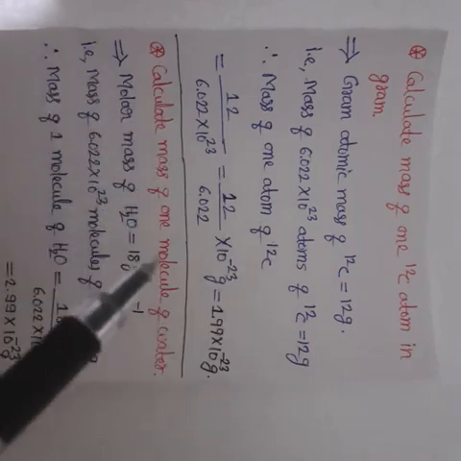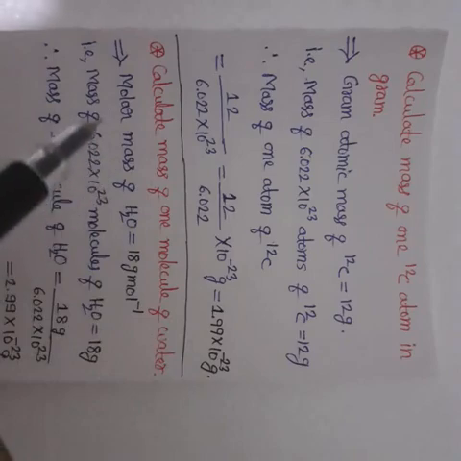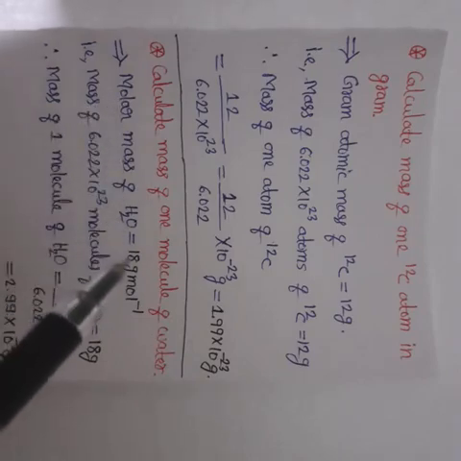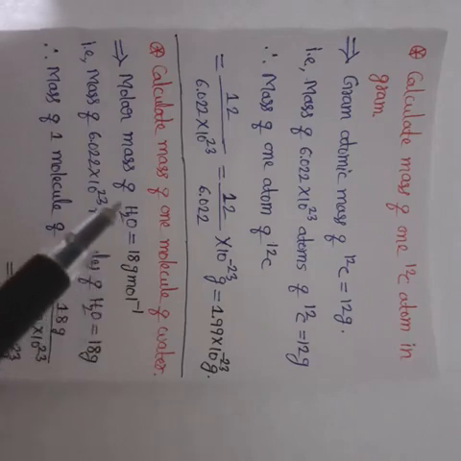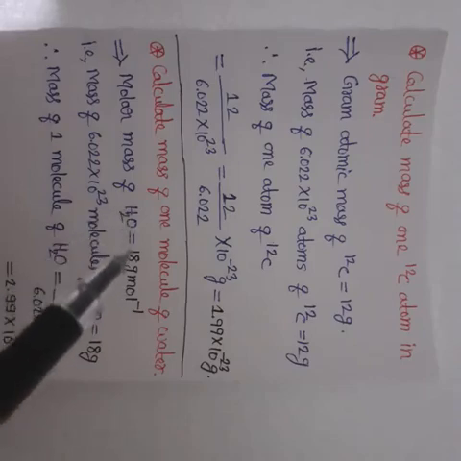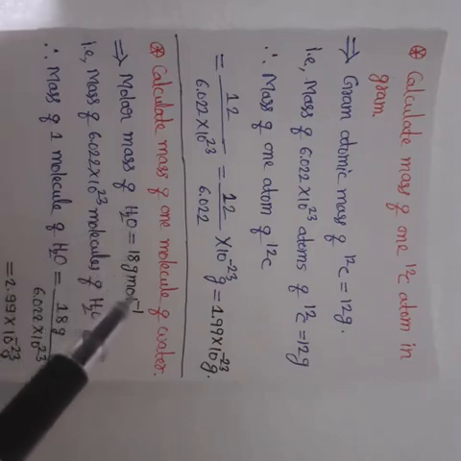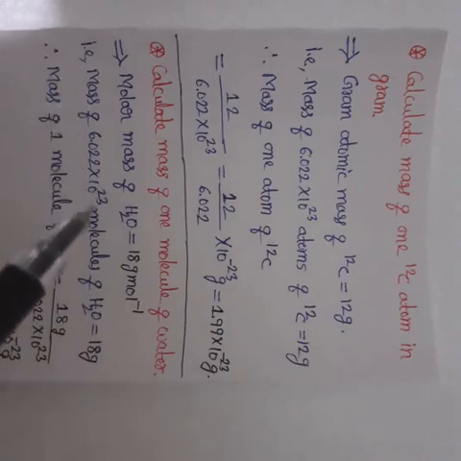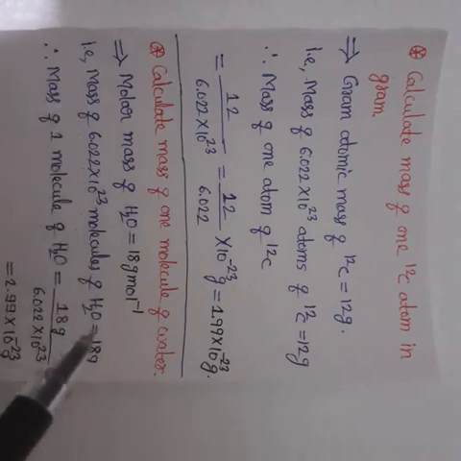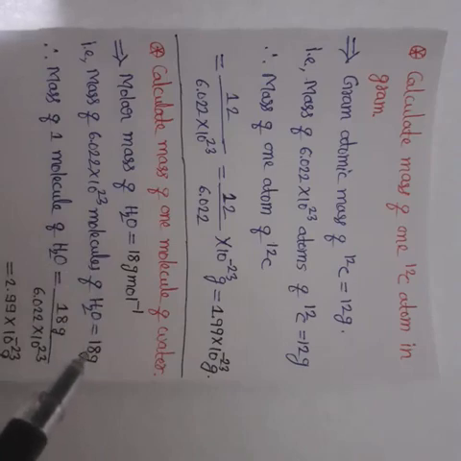Calculate mass of one molecule of water. We know that molar mass of water is 18 gram per mole. That is, oxygen is 16 plus 2 hydrogens are there, 2 gram. 16 plus 2 means 18 gram per mole. That is, mass of Avogadro number of molecules of water weighs 18 gram.